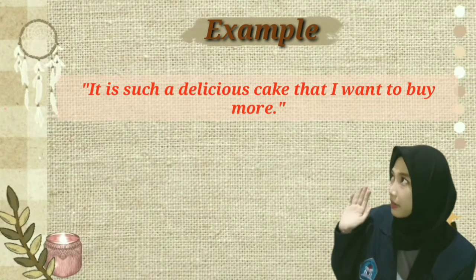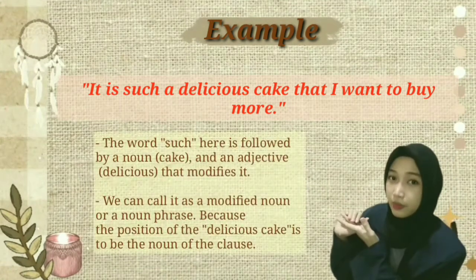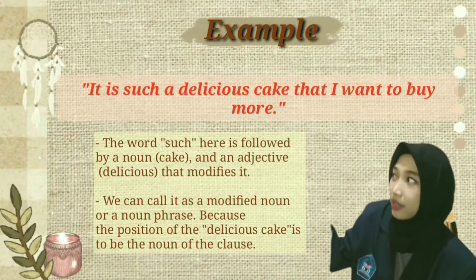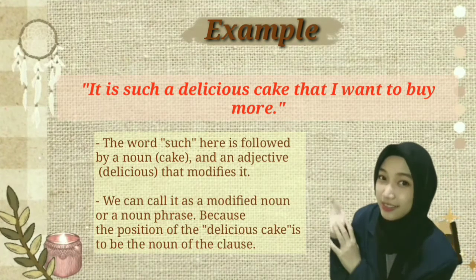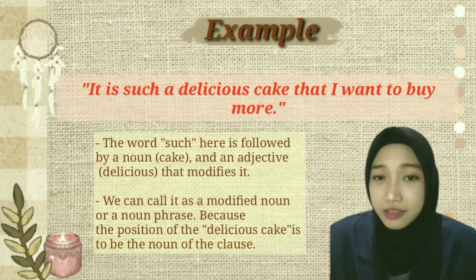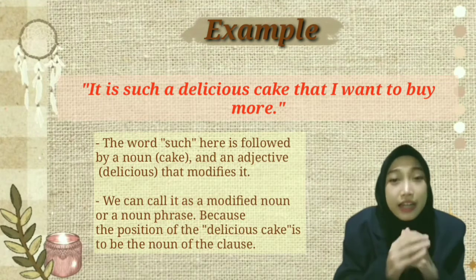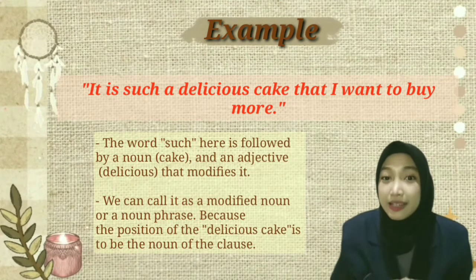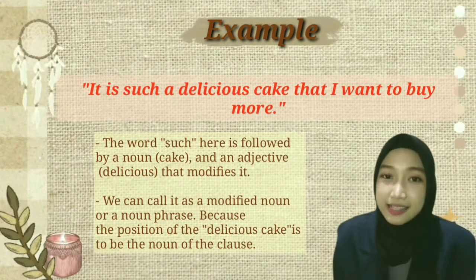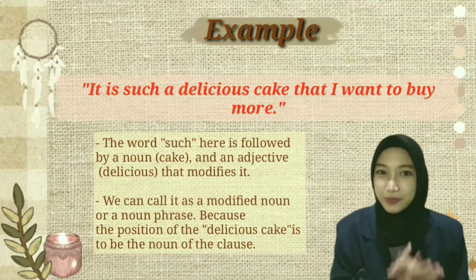You can see that here the word such is followed by a noun, cake, which in front of it has an adjective, delicious. We can actually call them a noun phrase or a modified noun. But for now, to make it easier, let's just call it an adjective plus noun.